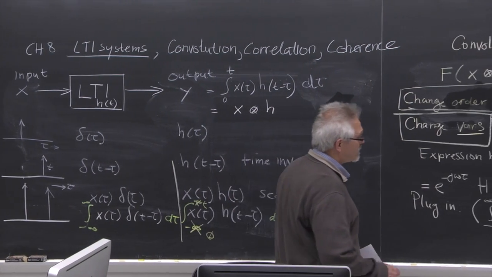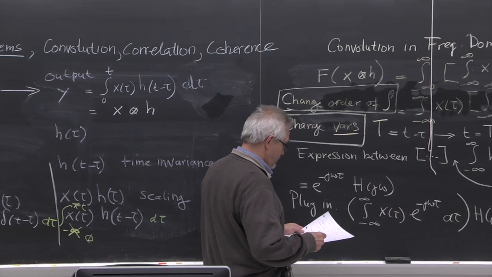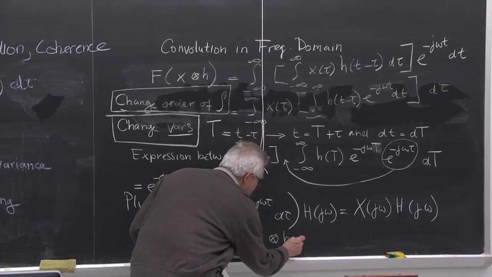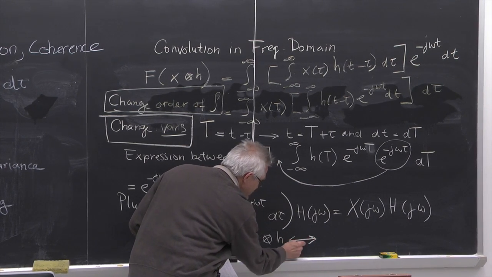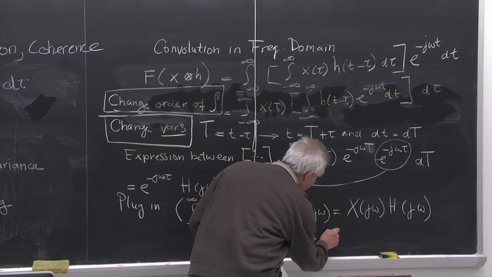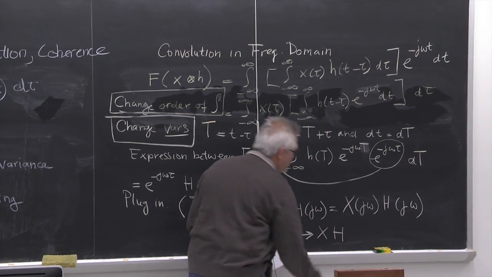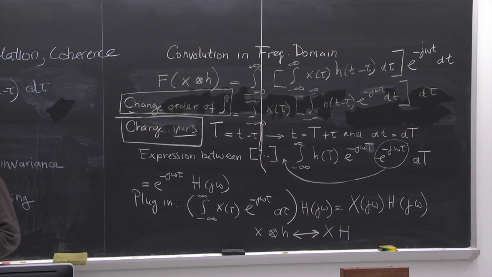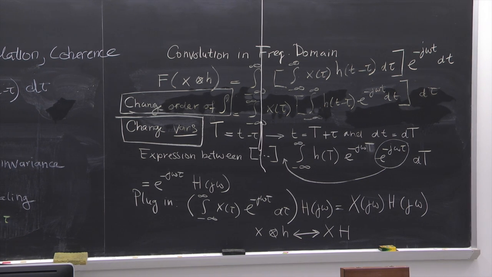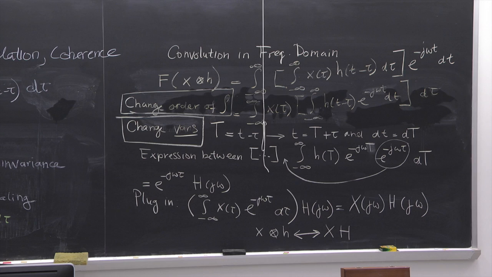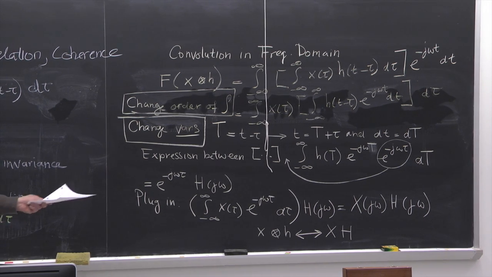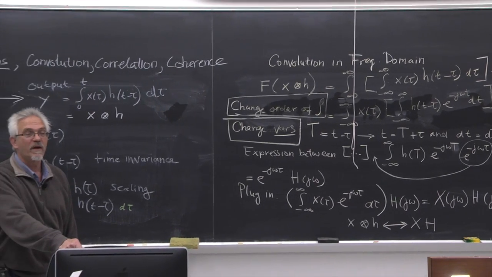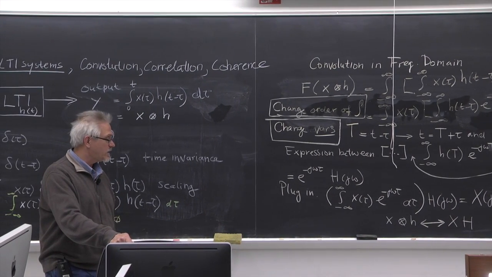And as a conclusion, you could say that the convolution of x and h in the time domain is just the product of X and H in the frequency domain. I'm using capital X and capital H for the Fourier transform, and lowercase x and h for the time domain. And with that double arrow, I just mean to say that it is a Fourier transform pair, and so they belong together.